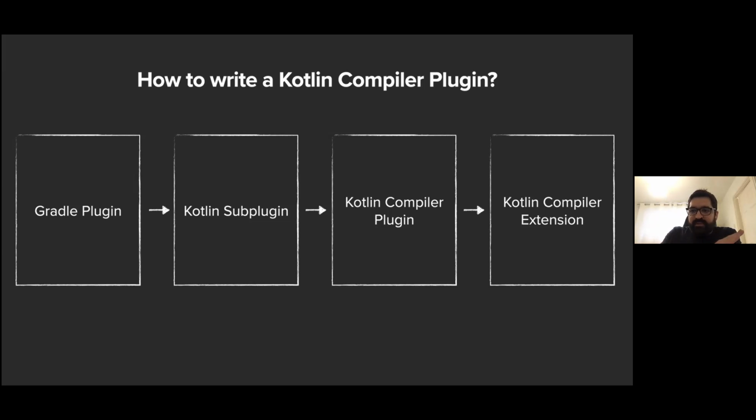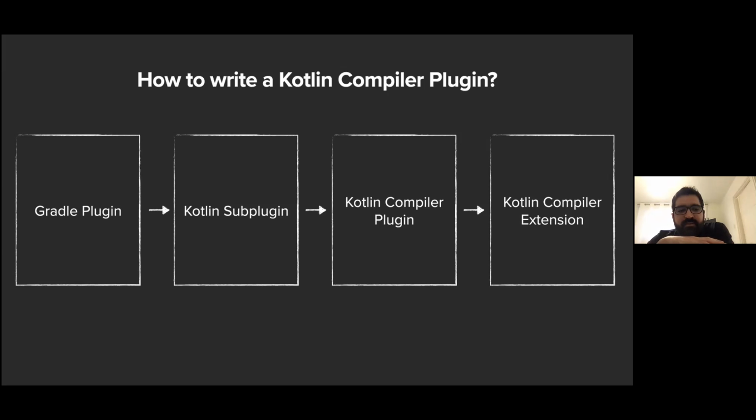So I'm just going to talk very briefly about it. But if you really want to know exactly what is done in each of these stages, please have a look at Kevin's video. But in essence, you basically have to start off with a Gradle plugin.